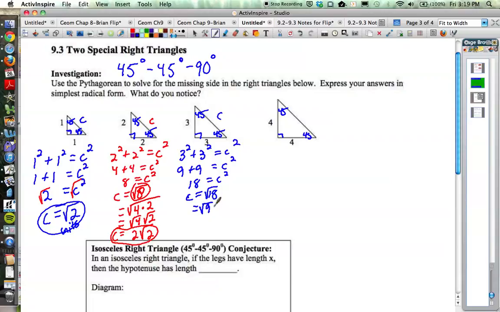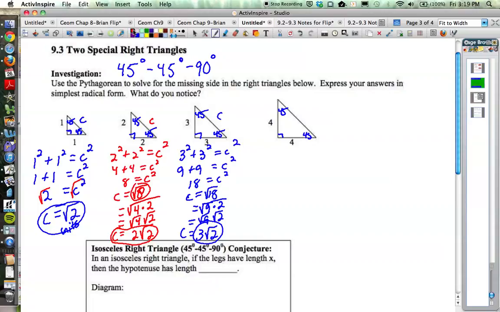And that would be 9. 9 times 2. So the square root of 9 times the square root of 2, which is 3 times the square root of 2, because the square root of 9 is 3. So the length of c is equal to 3 times the square root of 2, which again is the same answer as the square root of 18, but it's in simplest radical form.